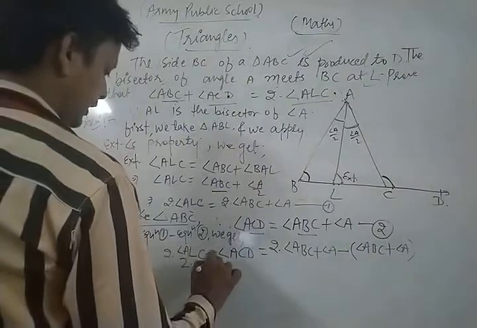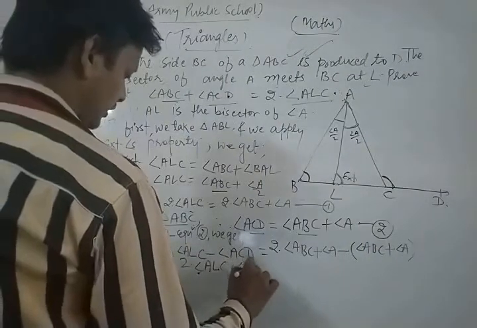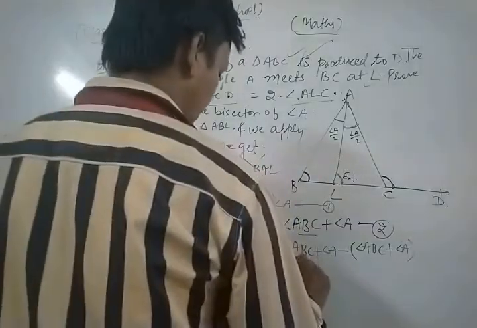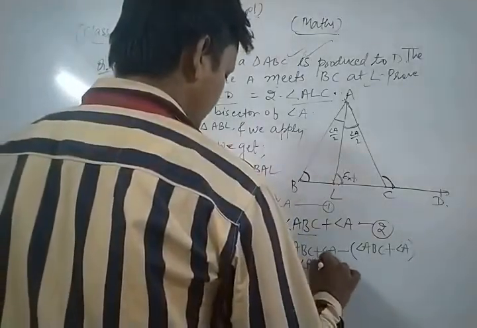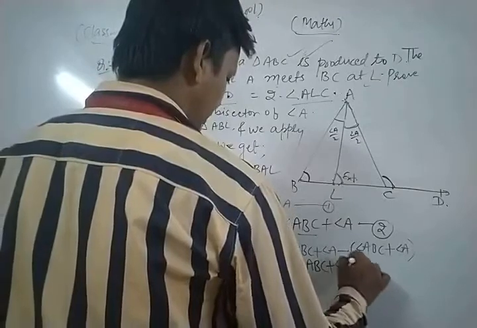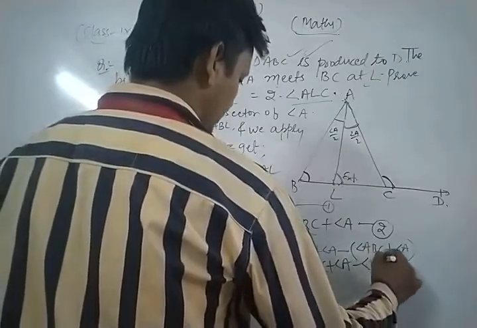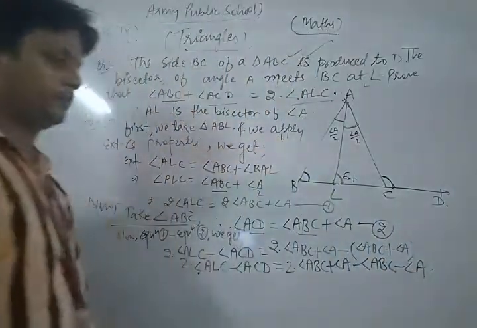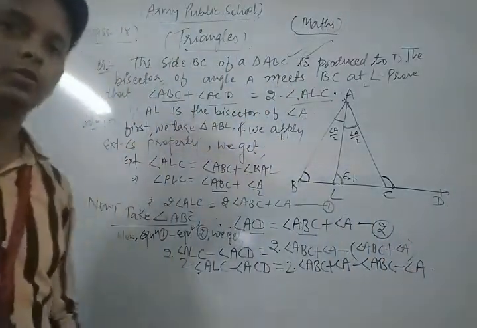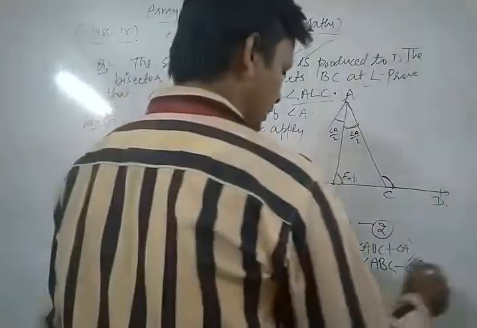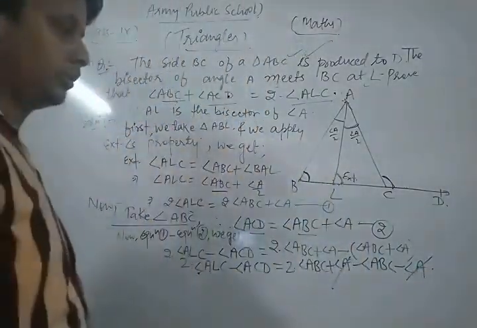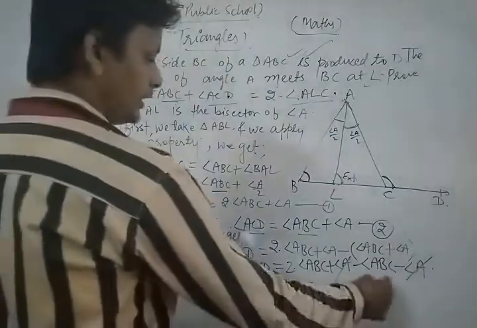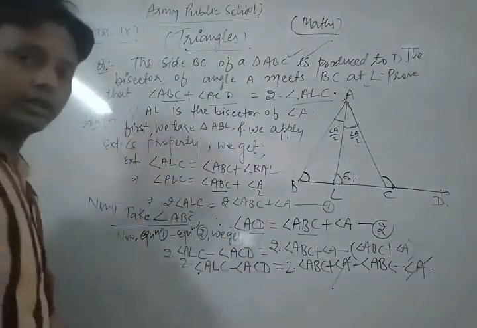Now we break the brackets, so we get 2 times angle ALC minus angle ACD is equal to 2 times angle ABC plus angle A minus angle ABC minus angle A. Now, dear friends, angle A cancels out on subtracting. And this is 2 ABC and this is 1 ABC, so we get only 1 ABC.